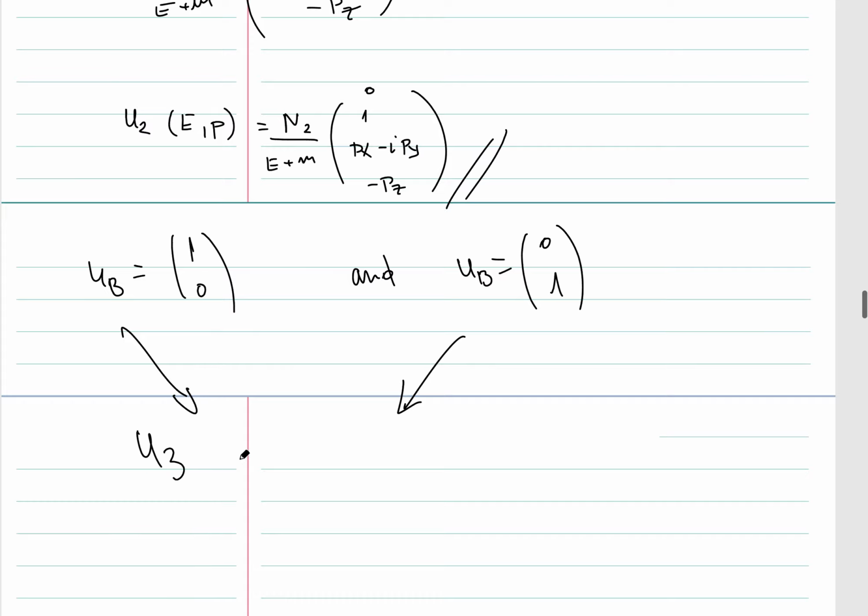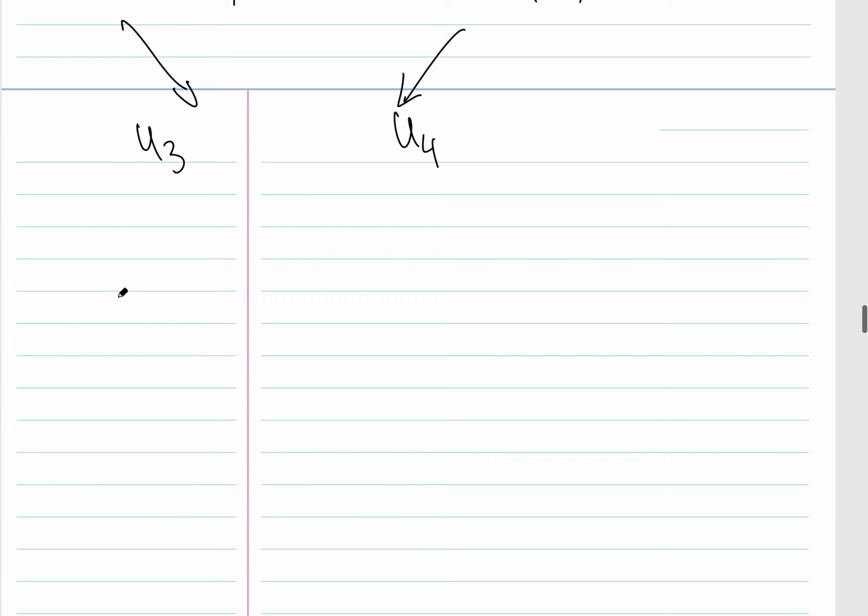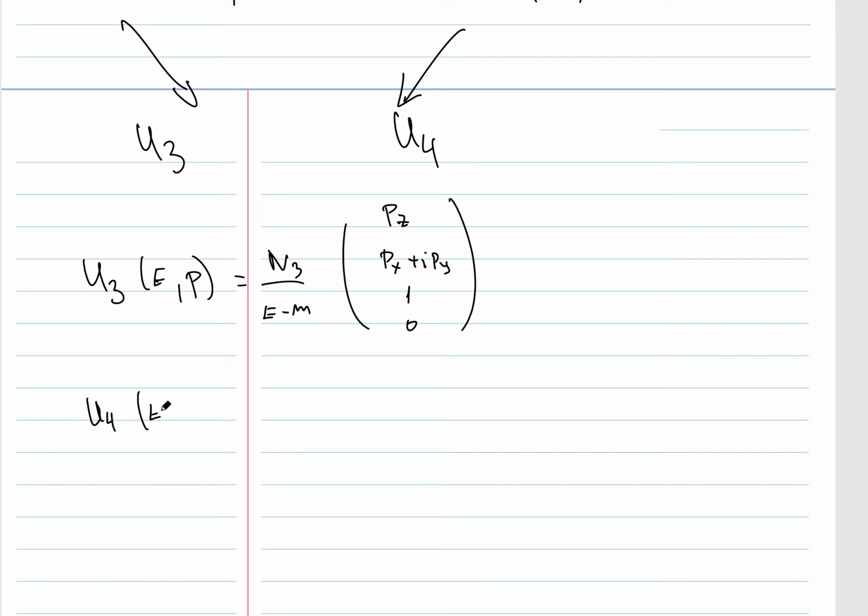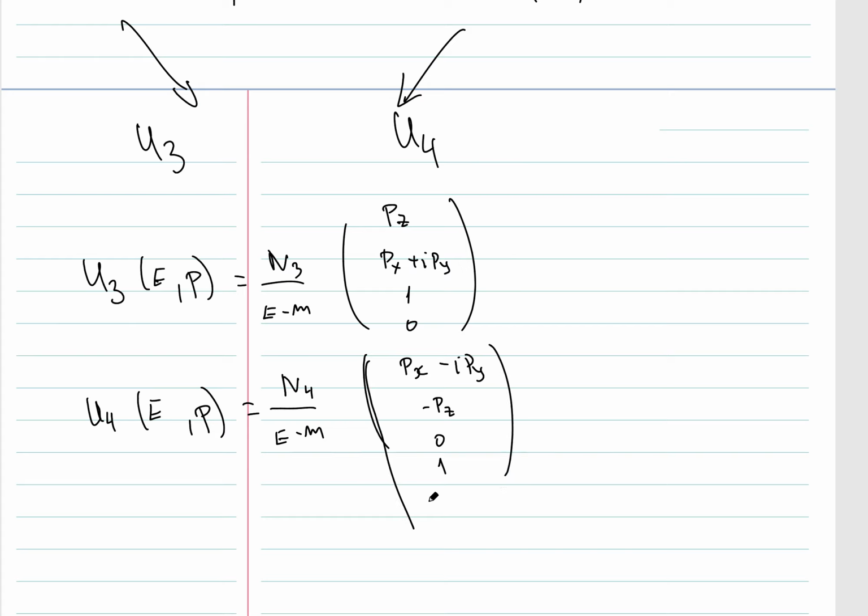So you have U3 and U4, where U3 of E and P would be N3 times E minus M in this case, Pz, Px plus I Py, (1, 0), and U4 of E and P is N4, E minus M, Px minus I Py, minus Pz, (0, 1), like this. So you have four solutions.